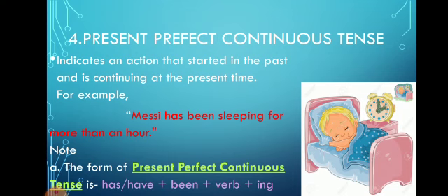The form of this tense is has or have plus been. We must use been because it's perfect continuous form. We use has or have because it's perfect form. We use the action verb in the ing form because this is a continuous sentence. I hope you understand.